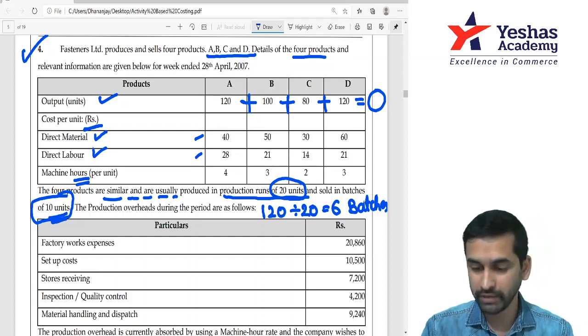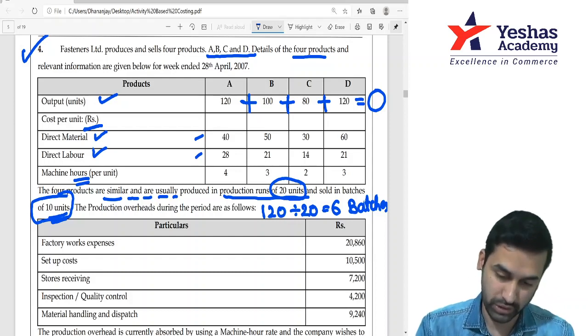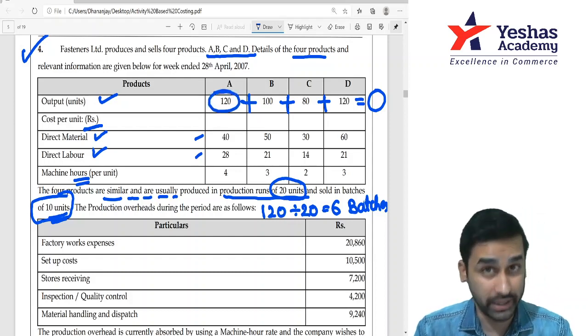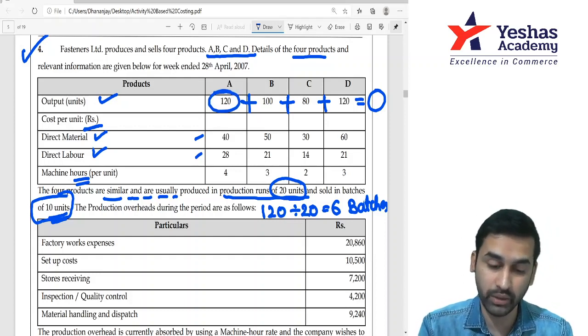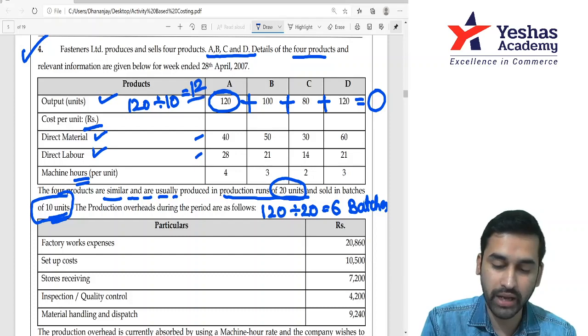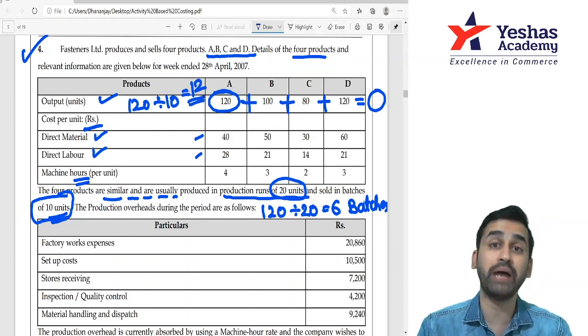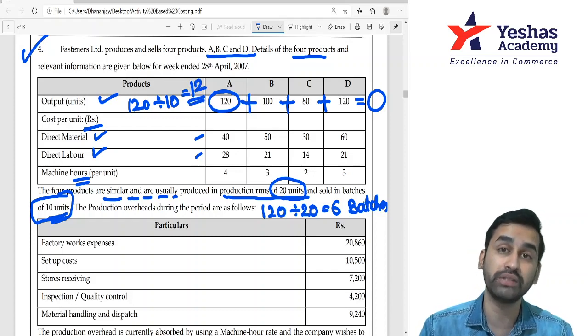No. Given in the question, they are sold in batches of 10 units. That means if I have to sell 120 units, 120 by 10, I will require 12 customer orders. I will require 12 batches of sales.